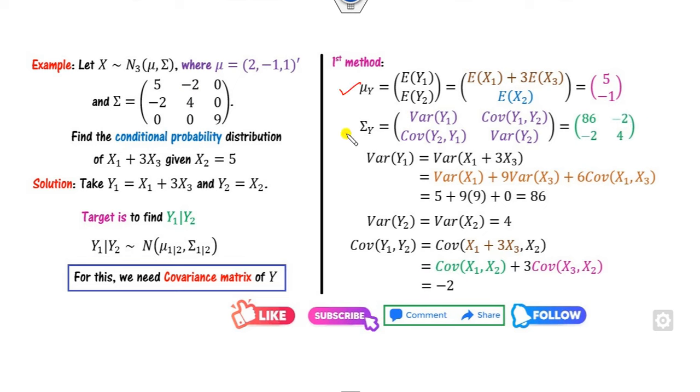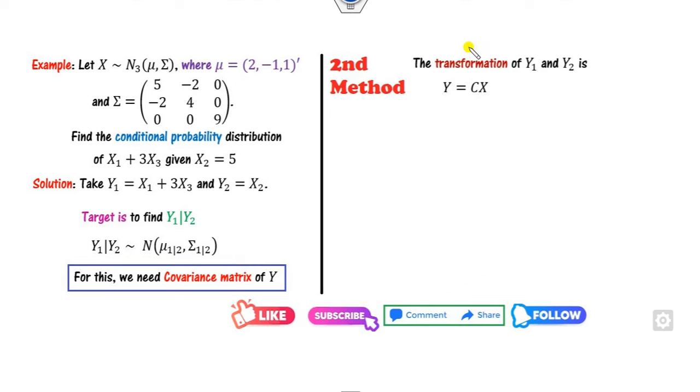Now once you know the covariance matrix, this is the first method to find it. The second method is to apply the transformation. You can write y1, y2 in terms of a matrix, where x is x1, x2, x3. For the first row, the coefficient of x1 is 1, of x2 is 0, and of x3 is 3.